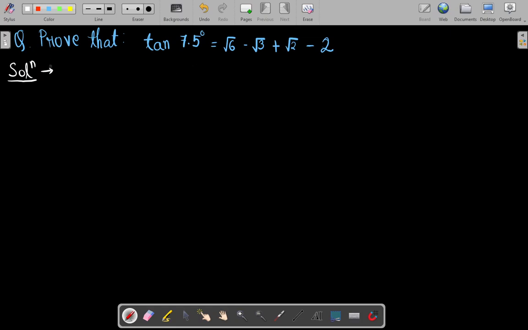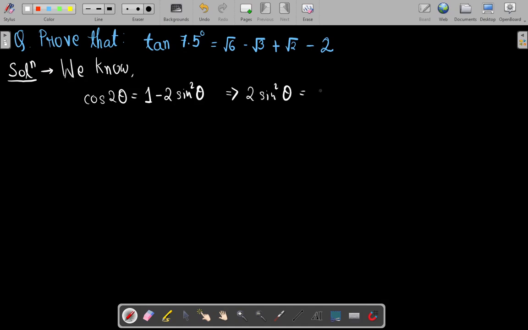So how to start? Let me start by writing the standard multiple angle formulas. We have cos 2 theta equal to 1 minus 2 sine squared theta. From this equation we have 2 sine squared theta equal to 1 minus cos of 2 theta.